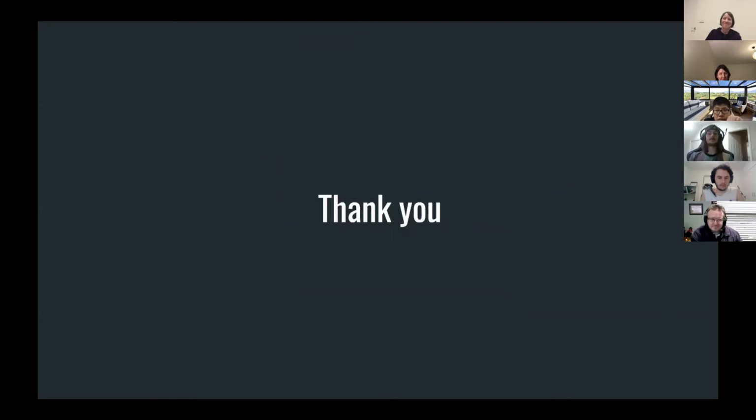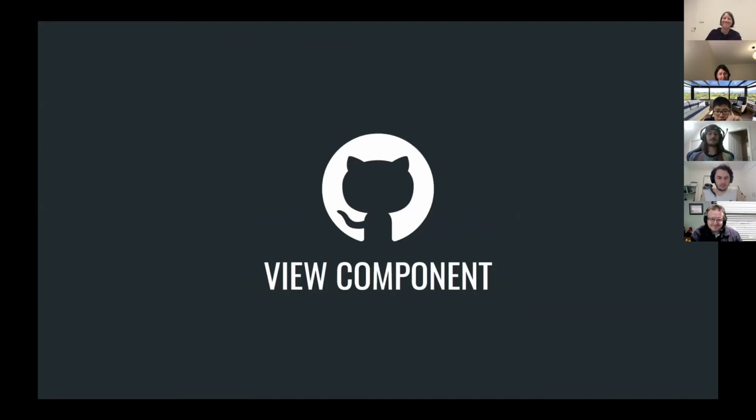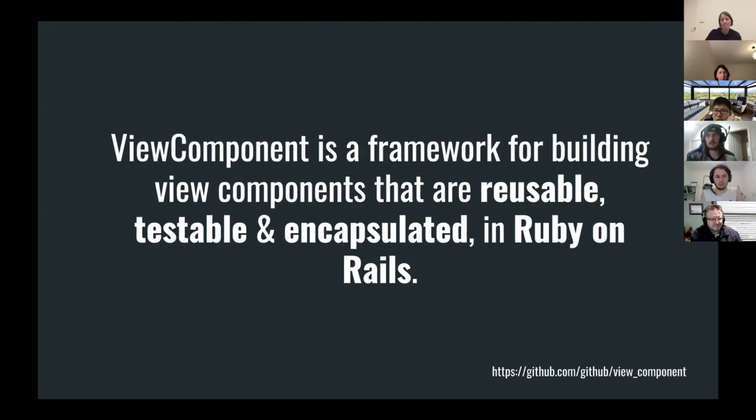All right, no, that was a pretty bad joke. We're gonna use ViewComponents. So ViewComponent is a gem built by GitHub and used in production by GitHub. It's inspired by the component pattern that React has honed through the years. And it's a framework for building view components that are reusable, testable, and encapsulated in Ruby on Rails.